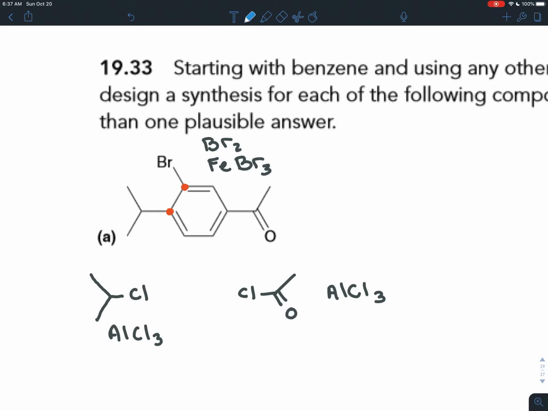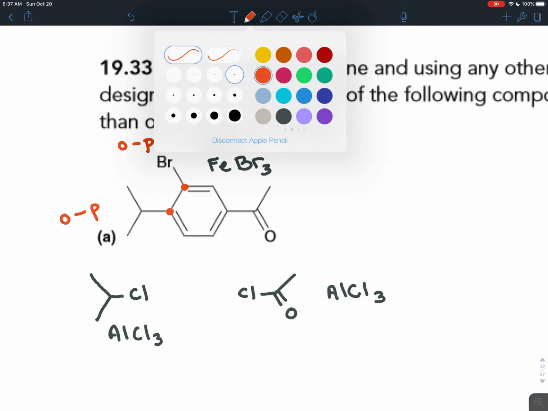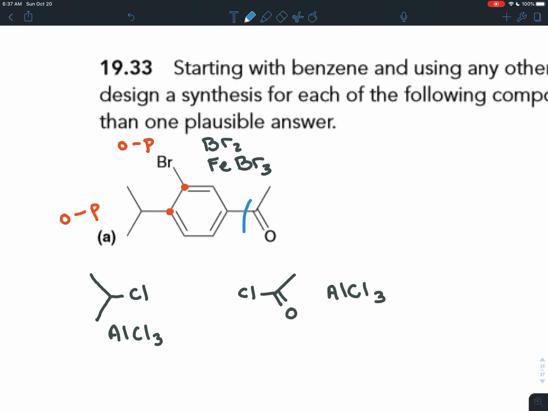Okay, now if you think about the directing effects of each of these, the bromine is ortho-para, and the alkyl group is ortho-para, and this acyl group is meta. It's a moderate deactivator.